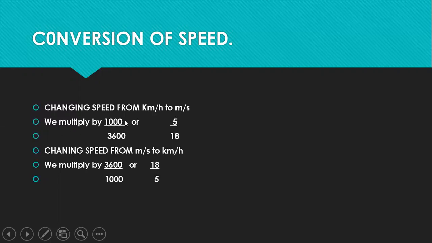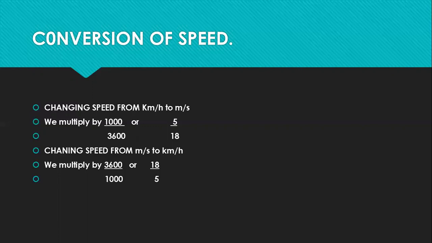So just know that you will be having some constants here. The two constants that we are having are 1000 and 3600. So this is what you're going to be using. It is either you multiply by 1000 over 3600, or sometimes we multiply 3600 over 1000. So the question always remains, which one should you place on top and the other one at the bottom?